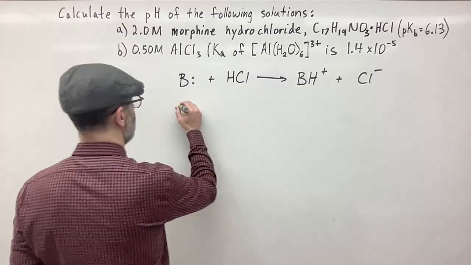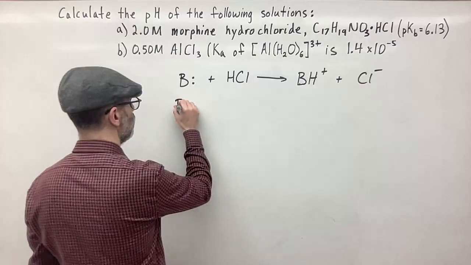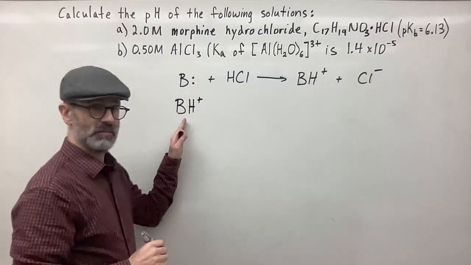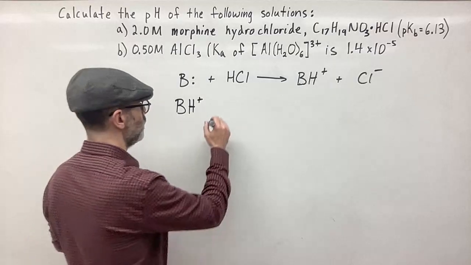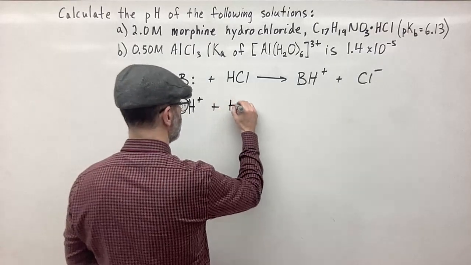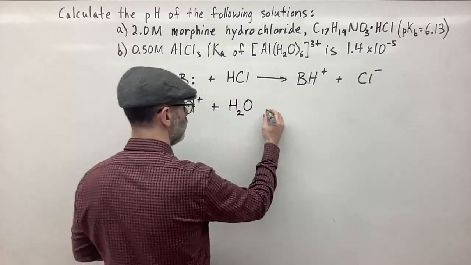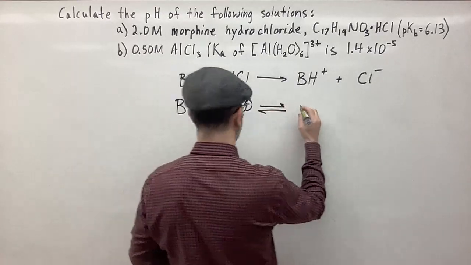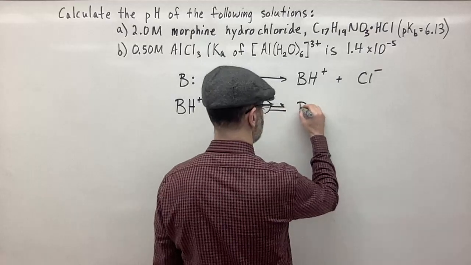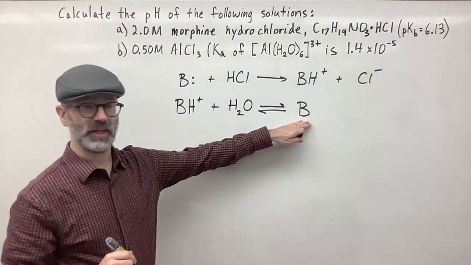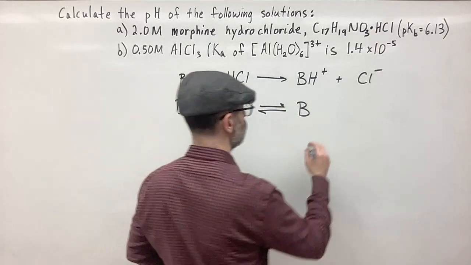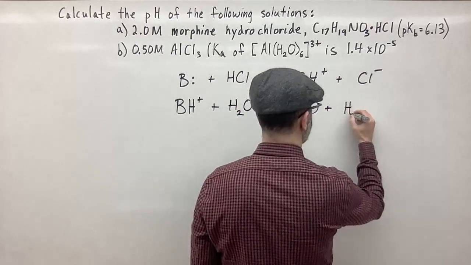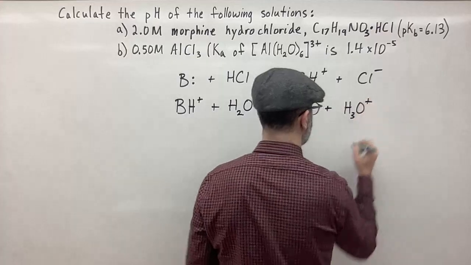So then what we're going to have is the morphine in the conjugate acid form, and that's going to react with water, and that's going to produce back the morphine in the weak base form, plus you'll have the hydronium ion.